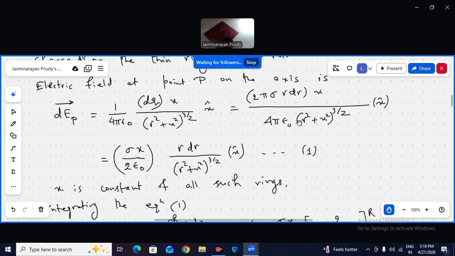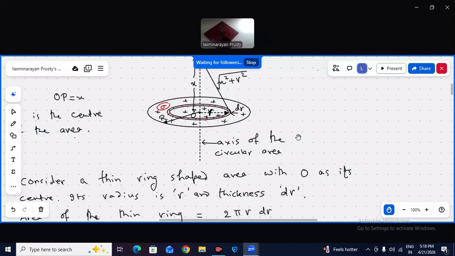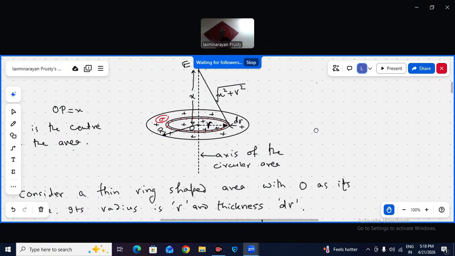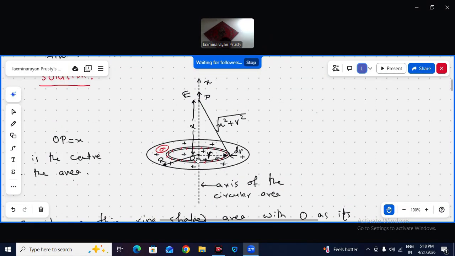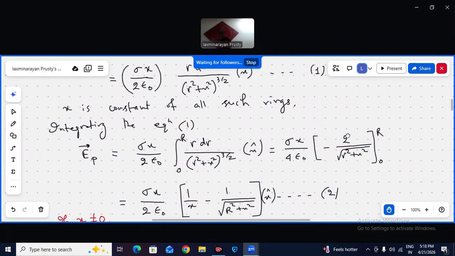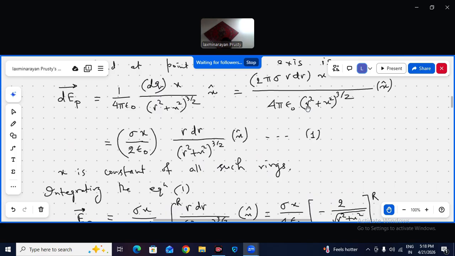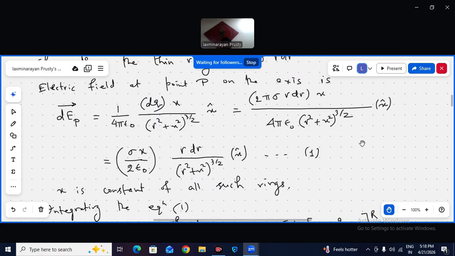So take the constant terms at one place. x is the distance from O to P. Any ring you take, that point P will have the same distance from O, so x will be treated as a constant here. Small r is the variable, the radius of the thin rings.